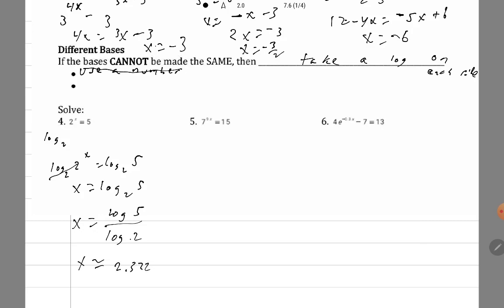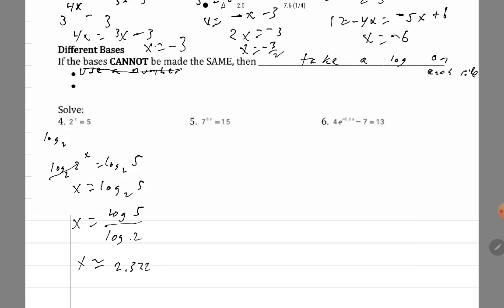Now if you have a fancy calculator, you can just punch it in like before, but most standard or scientific calculators do not let you easily change the base. They use log base 10.